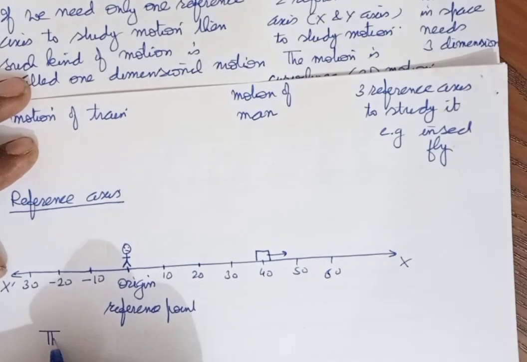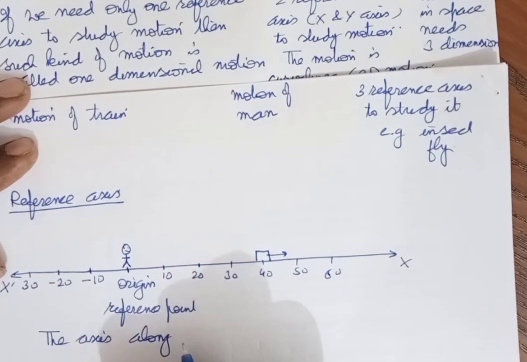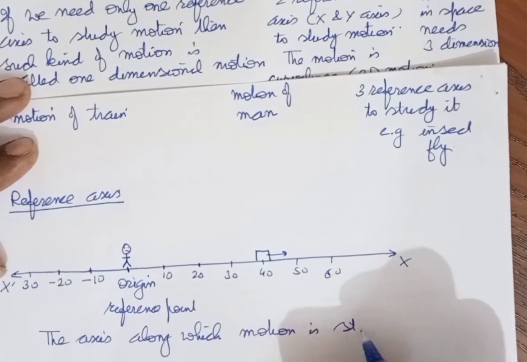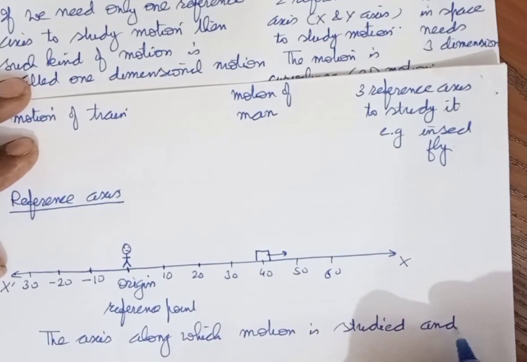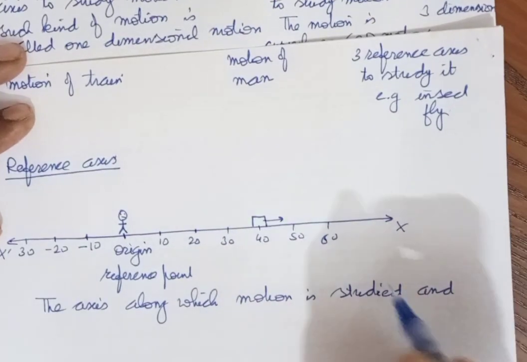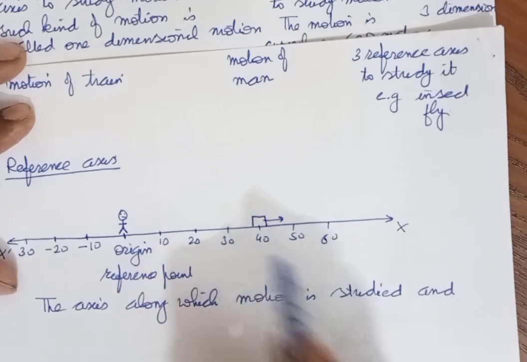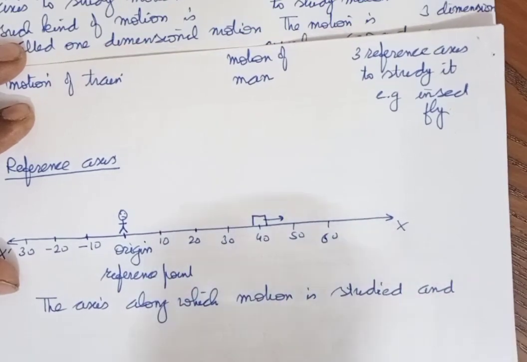The axis along which motion is studied and the axis used to measure the distances. This axis only is used to measure the distances, how much farther is the object from us, from the reference point.